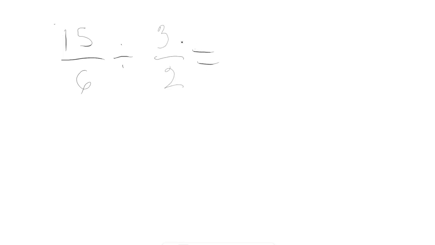Now, if we do the standard form, we're going to flip the problem, and we're going to grab the reciprocal of this. So your new problem is going to be 15 over 6 times 2 over 3, and you're looking for the answer for this.